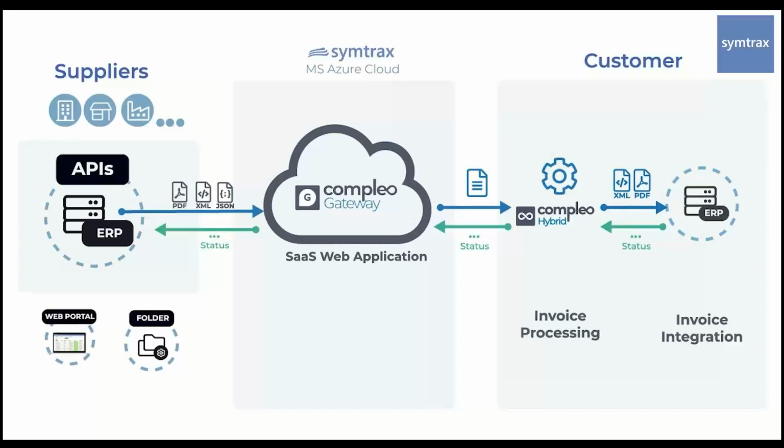As you can see, there are two other processes that I've highlighted here on the bottom left-hand side, where we'll go into other sessions around web portals and folders as well. That's quite exciting work, but each of them has its own specific requirements, and you've got to be aware of that.